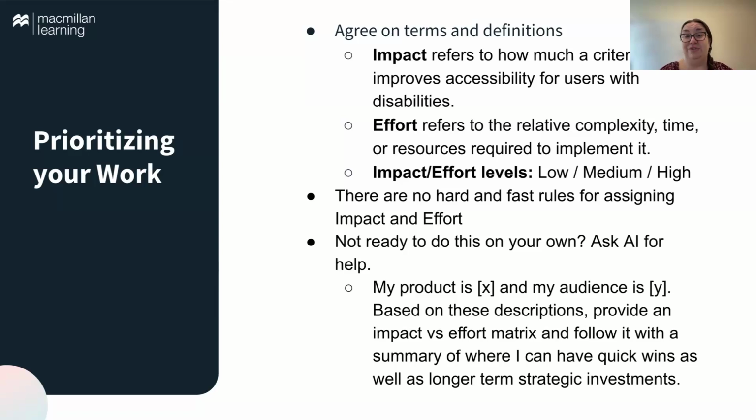The results should give you some insight into the impact of each problem that you're facing. So how much a criterion will improve accessibility for users with disabilities, and the effort. So the relative complexity, the time or resources to make that change.